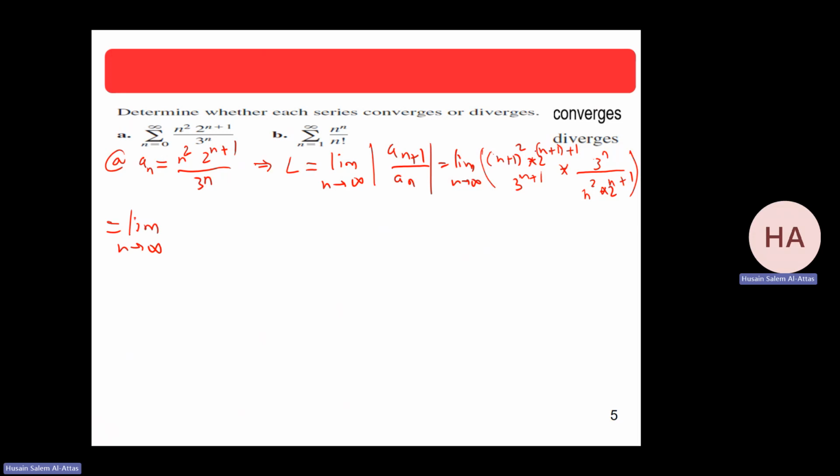Let me do it in steps. n plus 1 squared over n squared. 2 to the power n plus 2 over 2 to the power n plus 1. 3 to the power n over 3 to the power n plus 1.